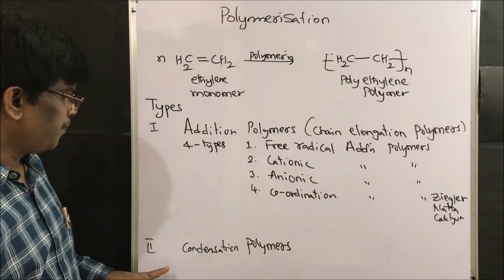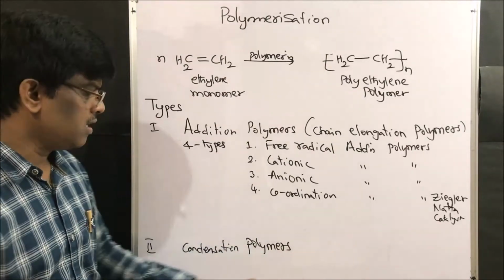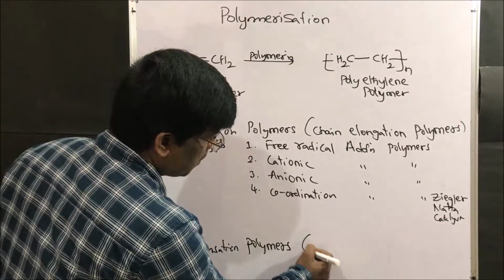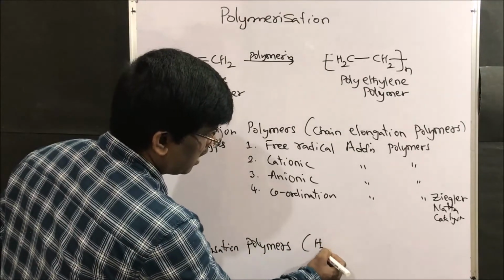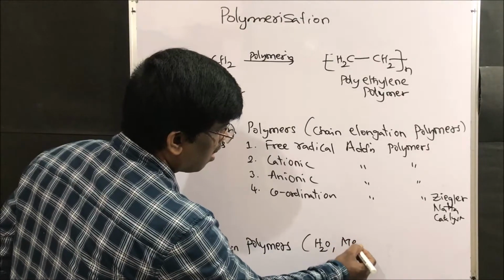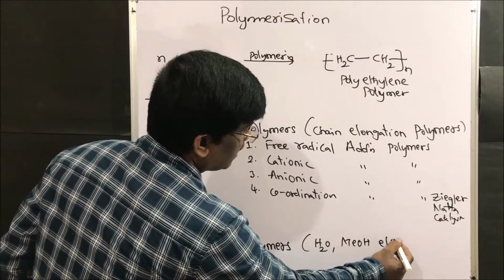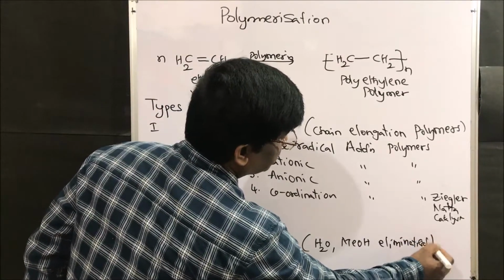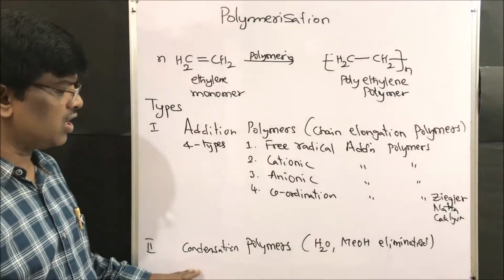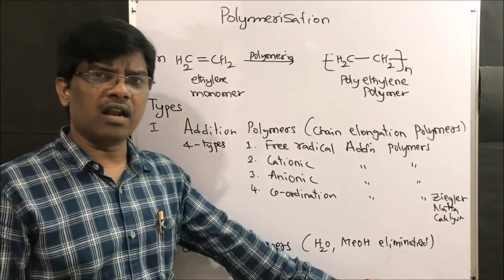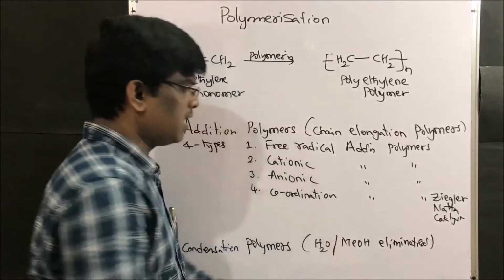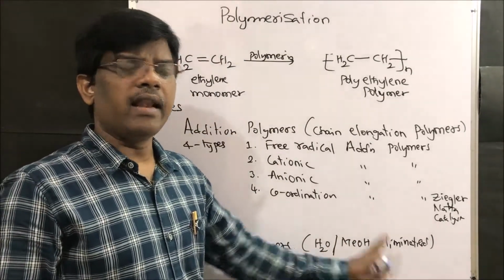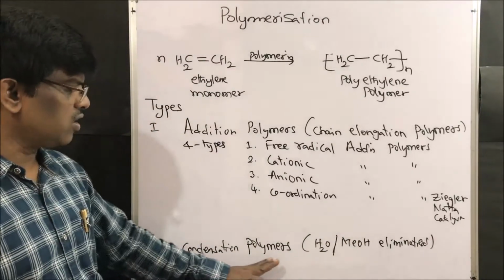And the second type is condensation polymers. Under this, mainly water will be eliminated, or methanol, or some other byproducts will be eliminated during the reaction, right? So these are condensation polymers.